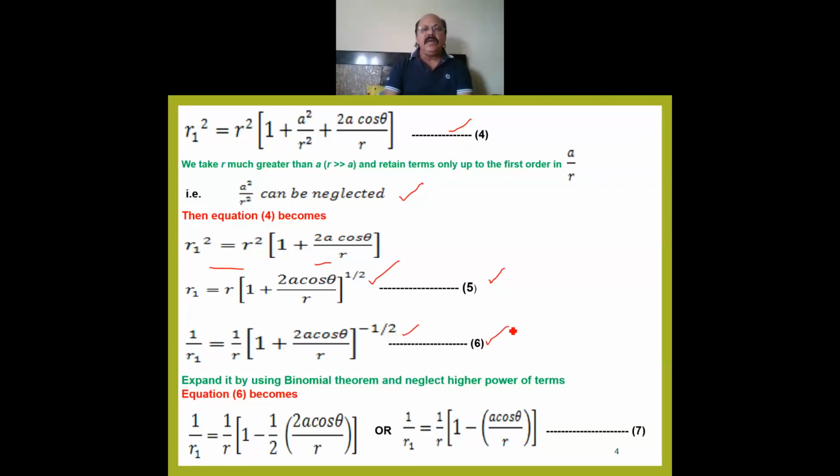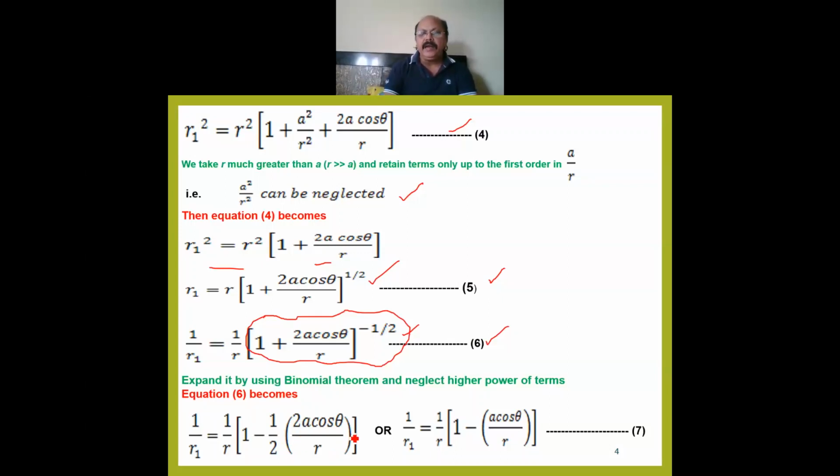Now in 11th class you have studied the binomial theorem. So this portion of equation 6 we expand by using the binomial theorem and neglect the higher power terms. That is, we have to keep only the first order of A upon R. Then equation 6 becomes 1 upon R1 equal to 1 upon R, 1 minus 1 by 2, 2A cos theta upon R. This 2 and 2 get cancelled.